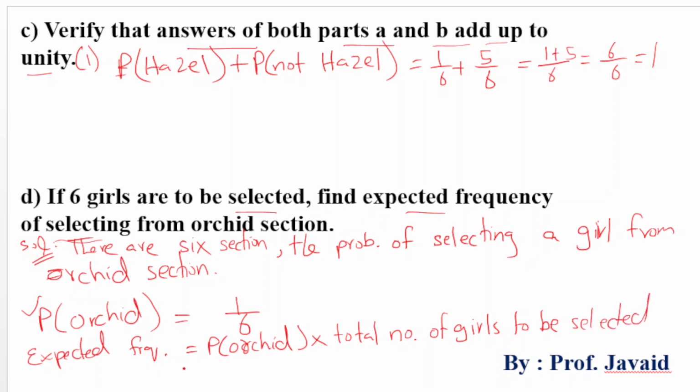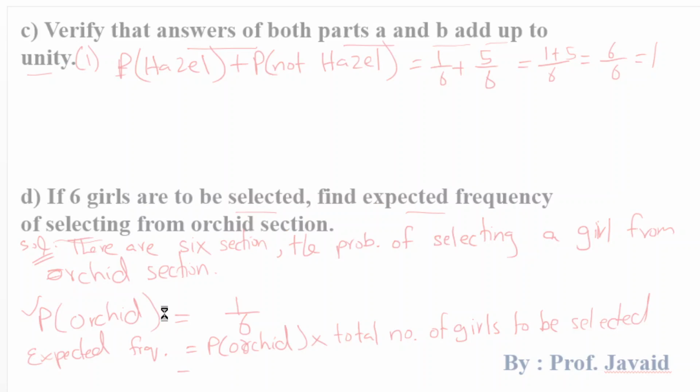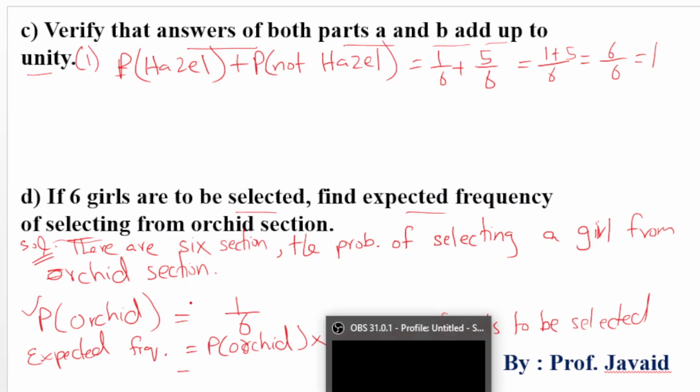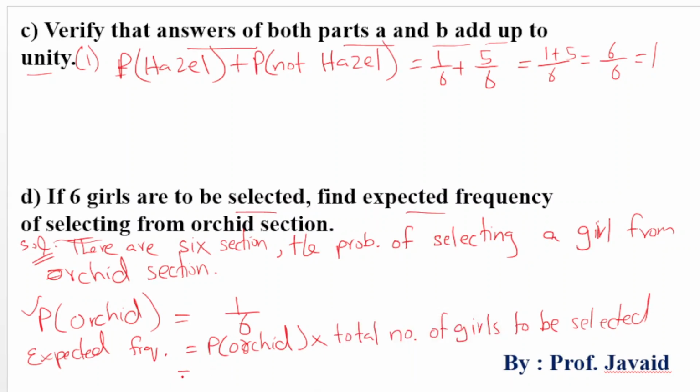So the probability of Orchid is 1 over 6, and total girls to be selected is 6. So that must be 1.